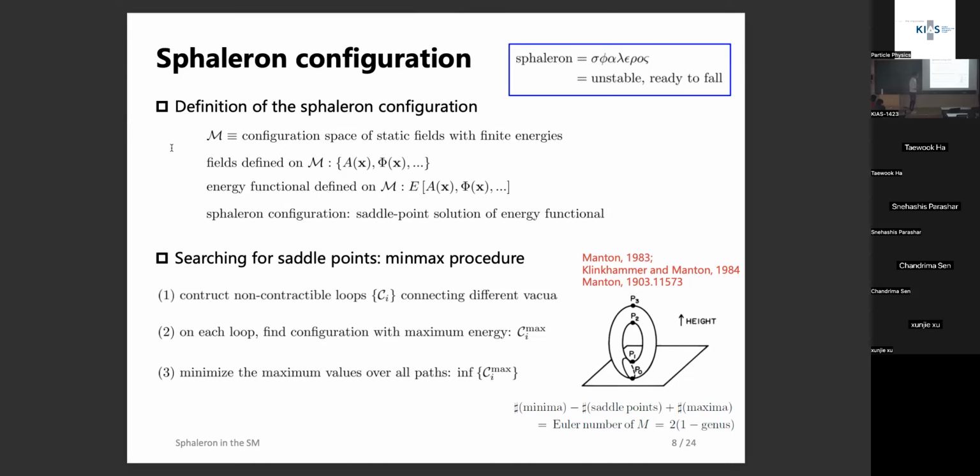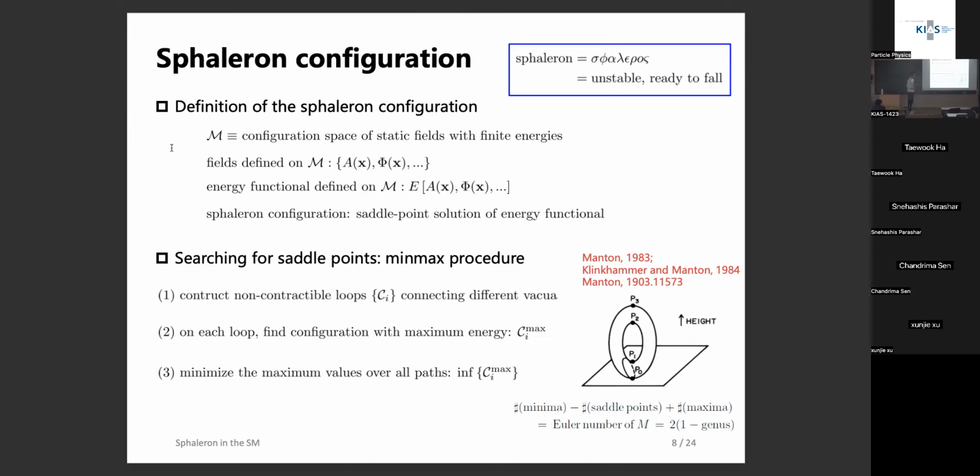That is to first start a set of non-contractible loops which start from P naught, because P naught is the minimum of the height, which corresponds to the minimum energy point, that is a vacuum point. And all of these non-contractible loops should start and end at P naught.